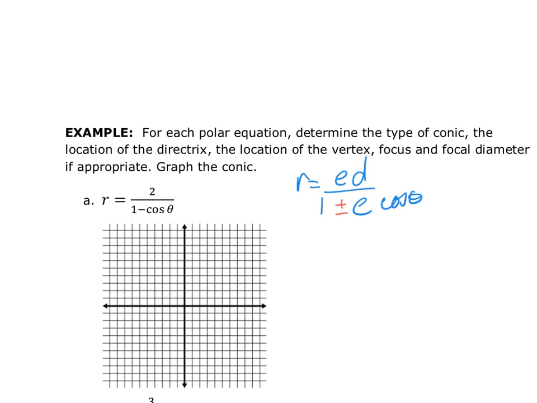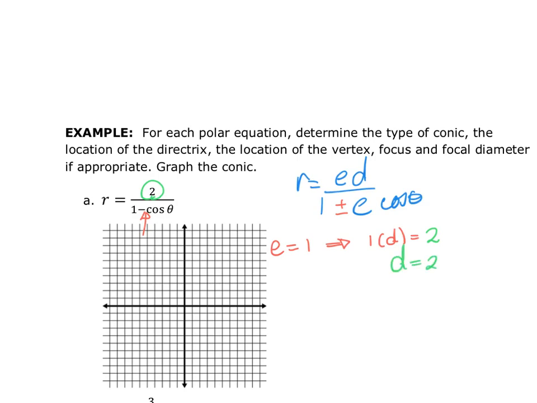Looking by inspection, I'm looking for the number in front of the cosine. This number in front of cosine is 1, that means e must be 1. That tells us that 1 times d must be equal to this numerator number, 2. That means d is equal to 2.